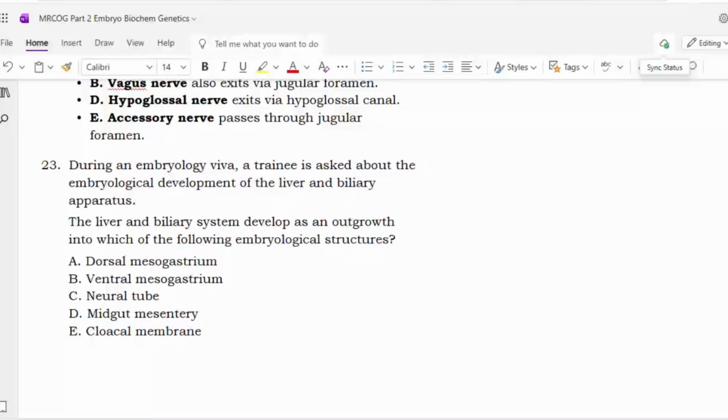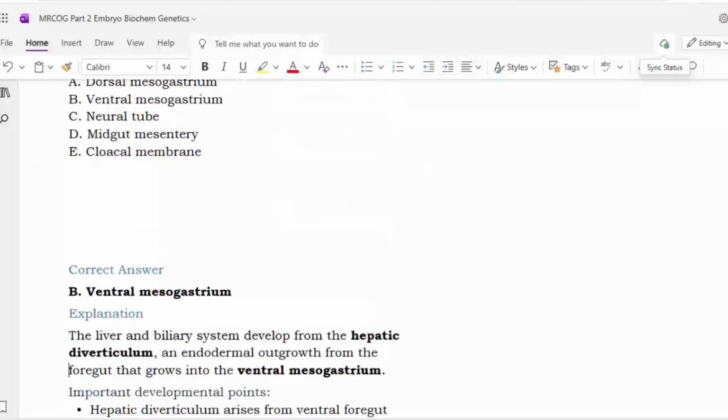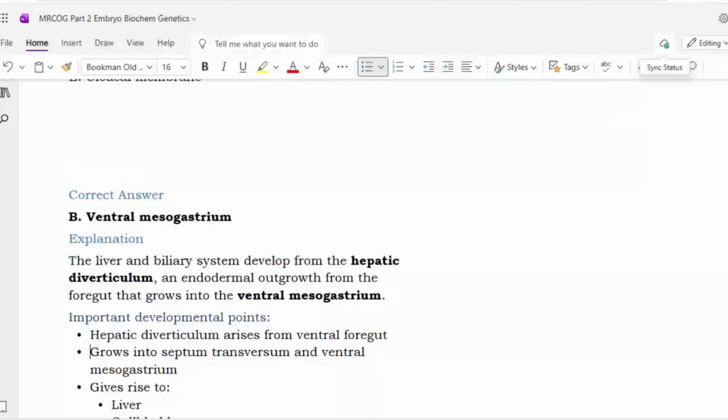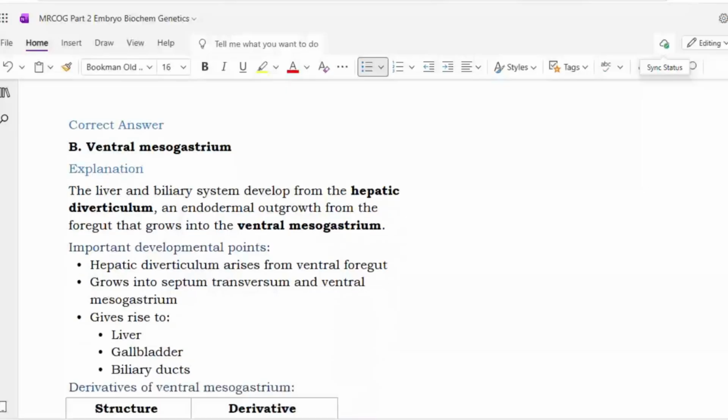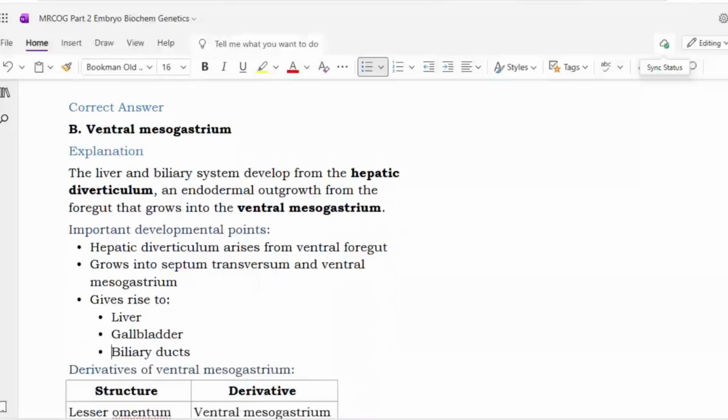Sir, option B, the ventral mesogastrium. The liver and the biliary system develop from the hepatic diverticulum, an endodermal outgrowth from the foregut that grows into the ventral mesogastrium. The hepatic diverticulum arises from the ventral foregut and grows into the septum transversum and ventral mesogastrium. Okay, so it gives rise to the liver, gallbladder, and biliary ducts.